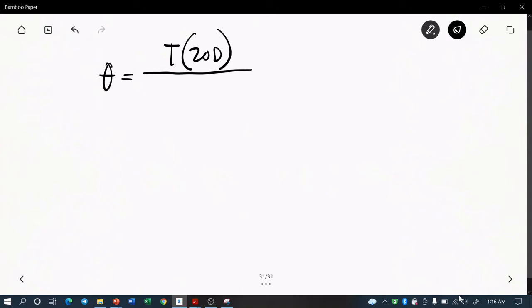And the centroidal polar moment of inertia for a solid shaft is equal to pi times d raised to the power 4 over 32. It is the J, and it is multiplied by the modulus of rigidity.